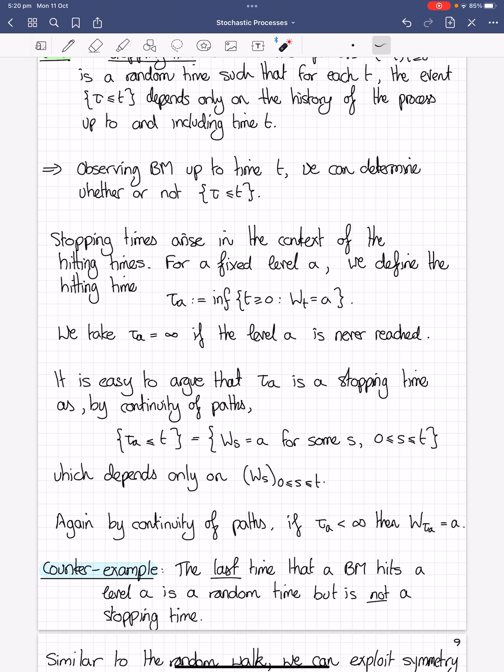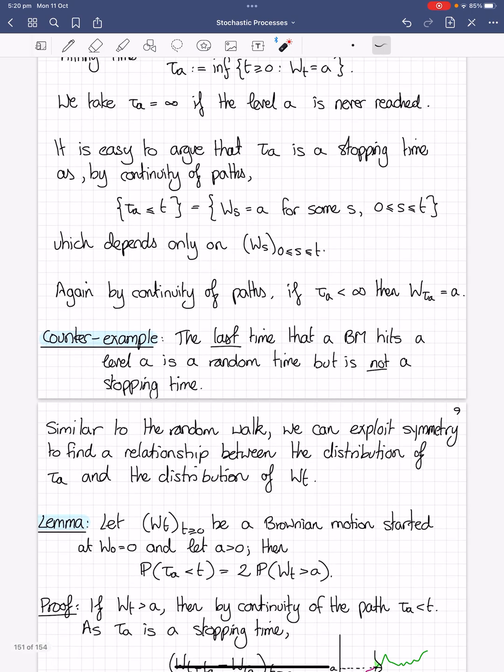And that means that the last time at which the Brownian motion hits that level is, of course, going to be a random time, because we don't know explicitly what it is, and it's going to occur at a different random time for every path. But it's not a stopping time, because at time t, we can't actually determine that last time, because that random time does not depend on the history of the process up to and including time t.